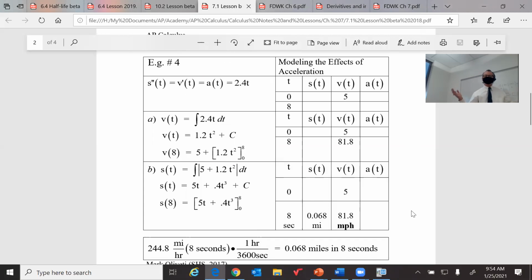Except after 8 seconds, you didn't travel 244 miles in 8 seconds. That doesn't make sense. And if this were multiple choice, that would be choice A. Why is it fouled up?